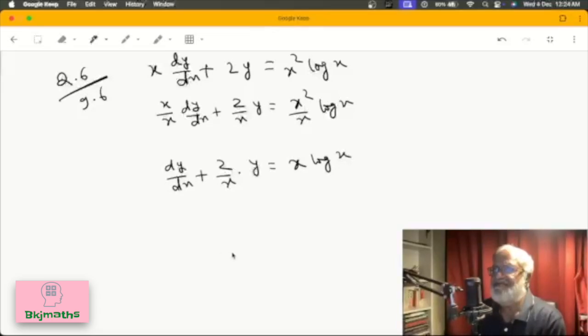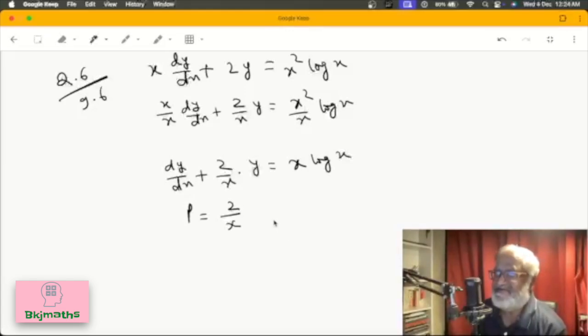Now find the value of p and q. P is the coefficient of y, that is 2 upon x. So p is 2 by x, coefficient of dependent variable, and q is x log x.